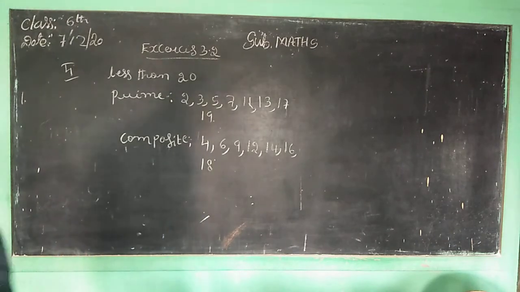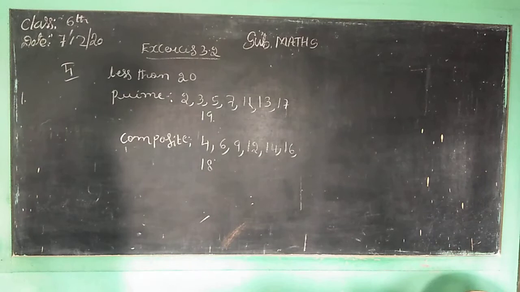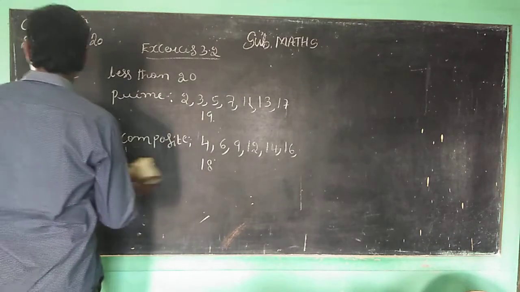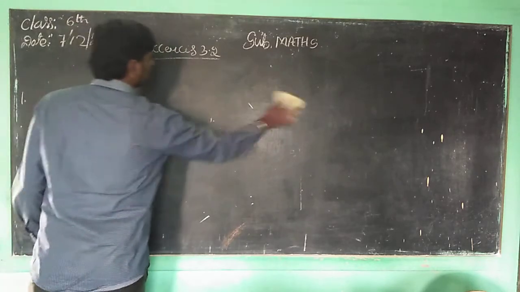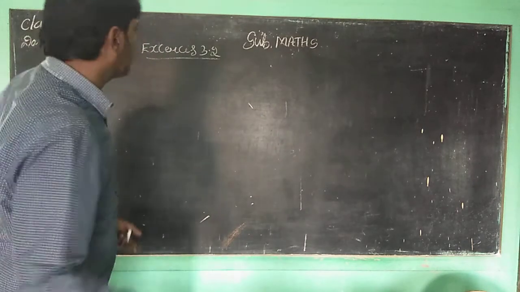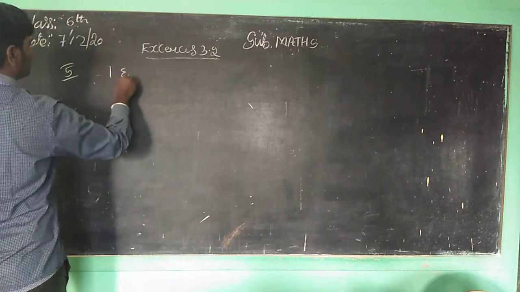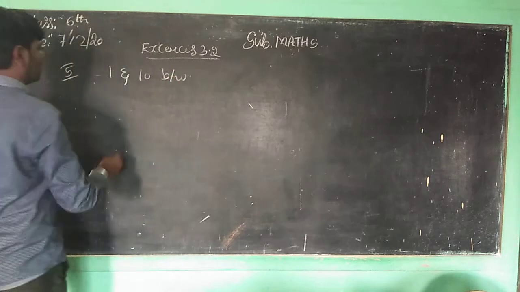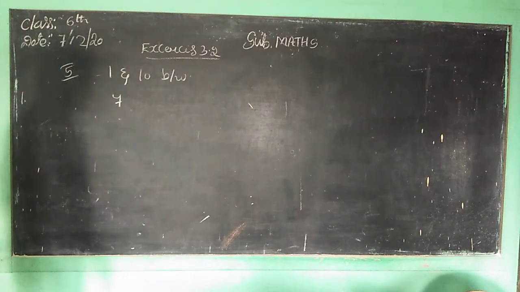Children, now we want to take which is the greatest prime number between 1 and 10. Between 1 and 10, the greatest prime number is only 7, children, because 9 is not a prime number.